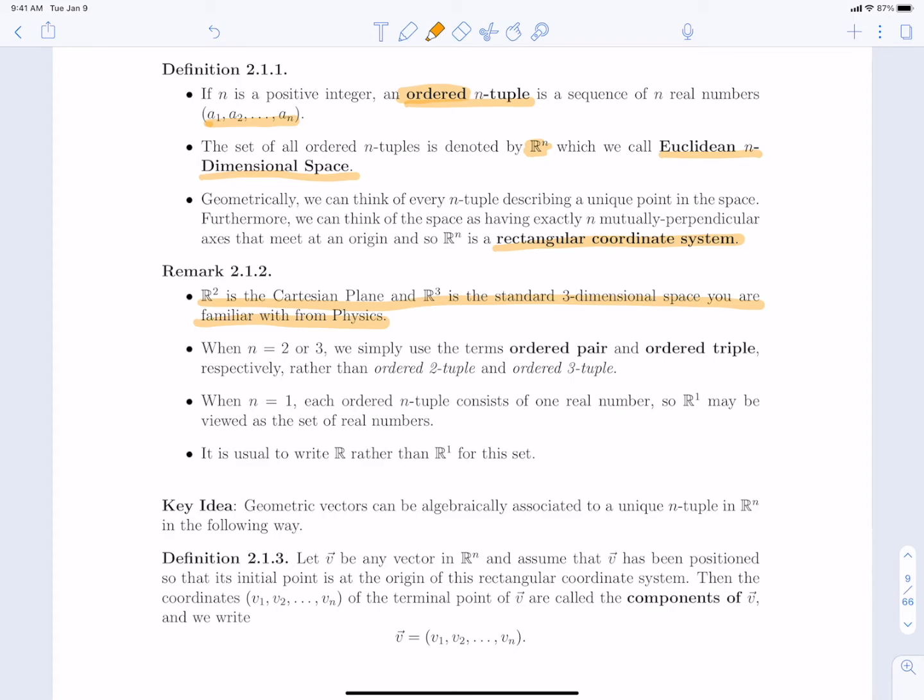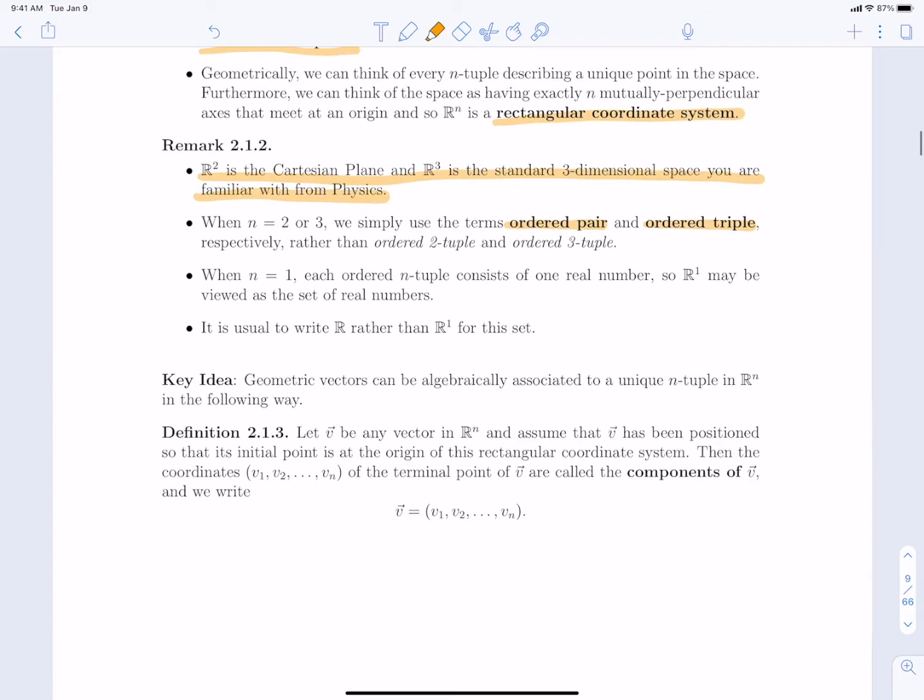When we have 2 or 3 components in our n-tuple, then we call them ordered pairs or ordered triples. Again, do you see that word ordered? That is so important for us to remember, that order matters. Now here's the thing.